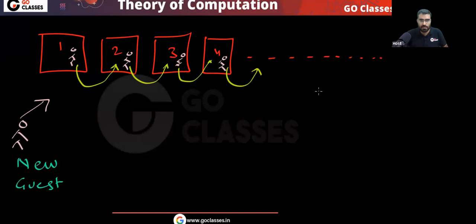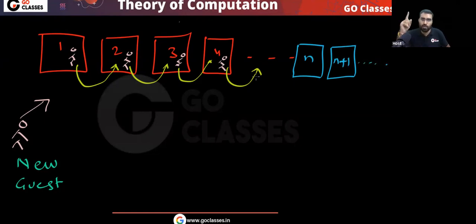If you do like this, then what will happen? The person who is in the nth room, for example, will shift to the n plus 1th room. Yes or no? So can I say the person who is in the last room is thrown out?